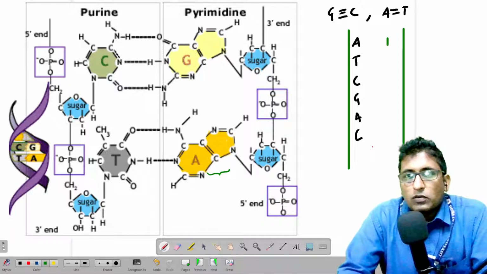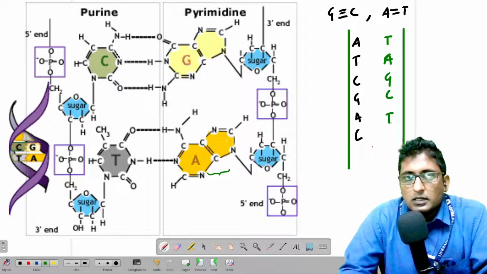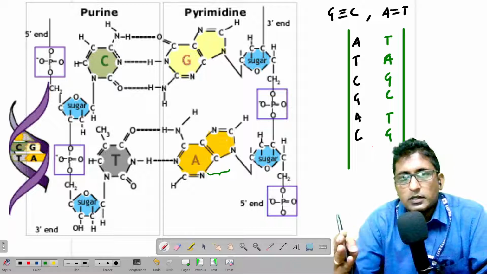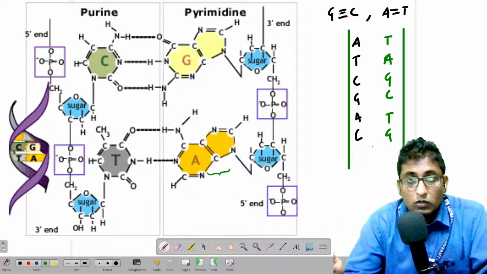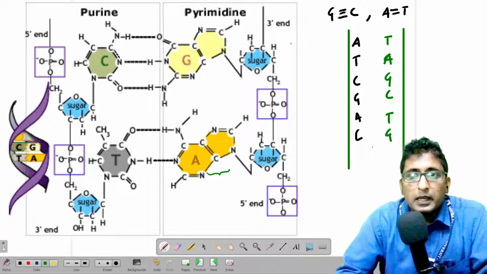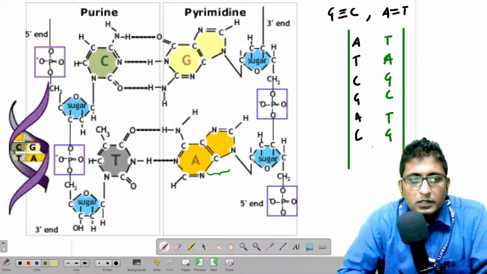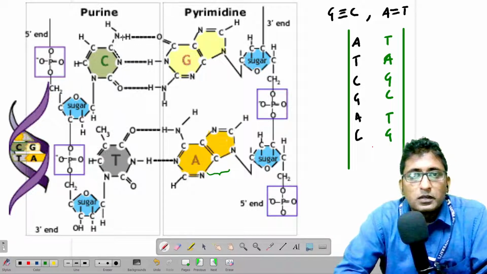A, therefore we'll have T, and T therefore we'll have A, G, C, T, and G. So one sequence is determining the sequence of the other, the complementary strand. That happens because of the way the bases are present in these nitrogenous bases or the side groups.